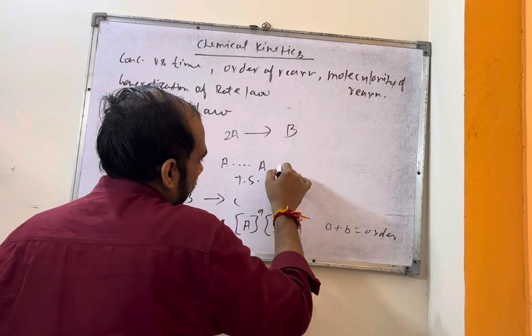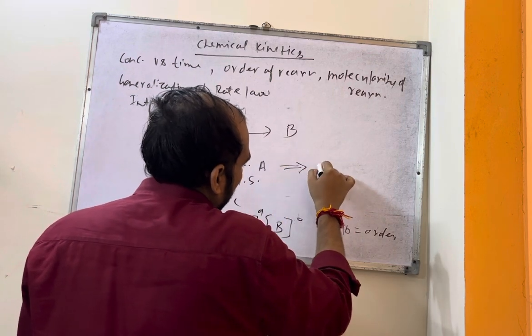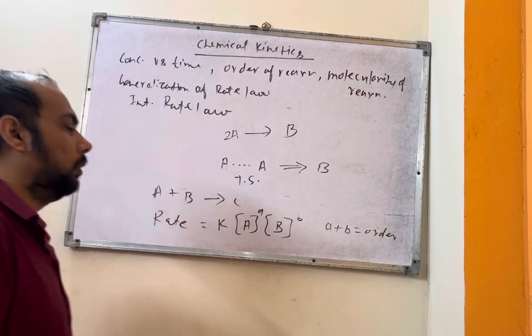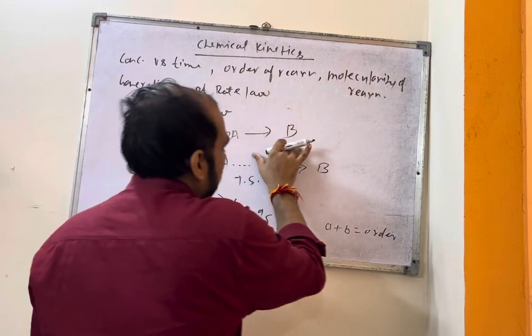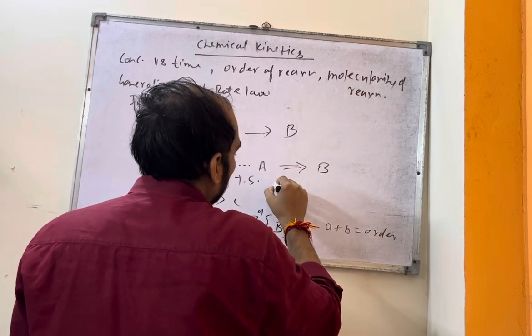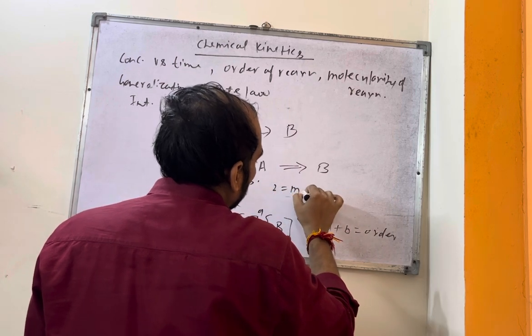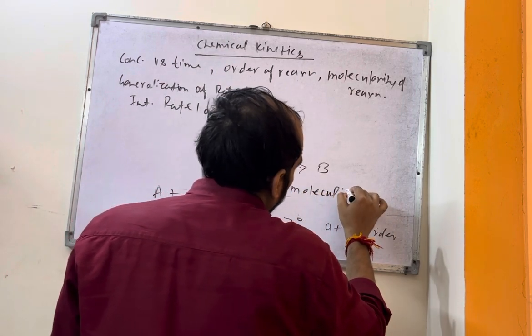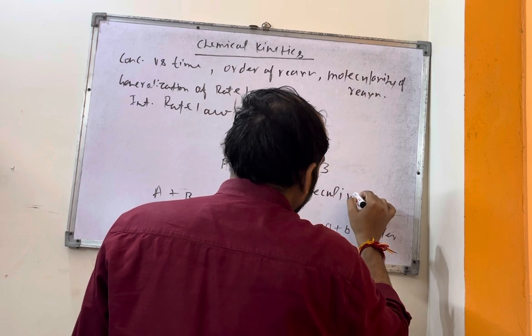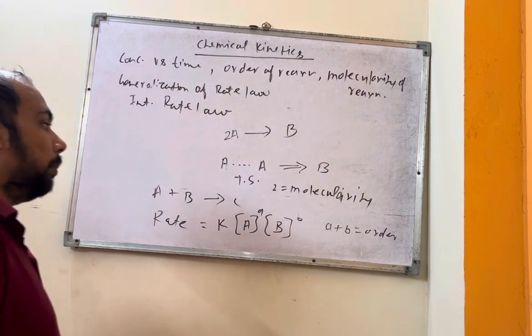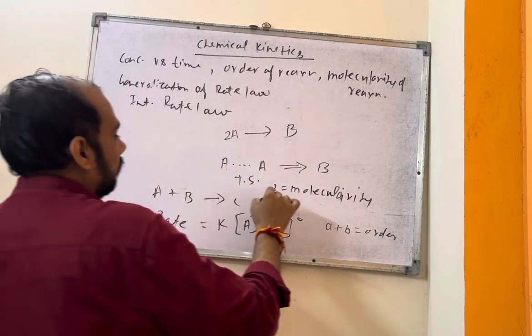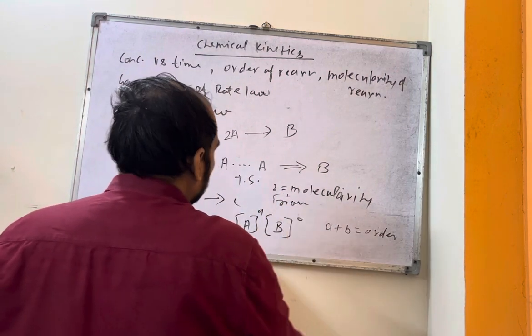Now it is going to form B. So the molecularity of this particular reaction will be 2. That means it is a bimolecular reaction.